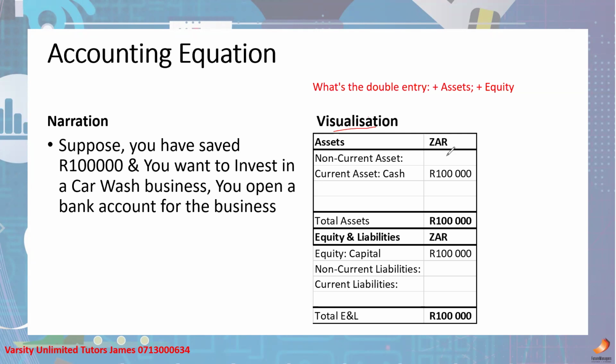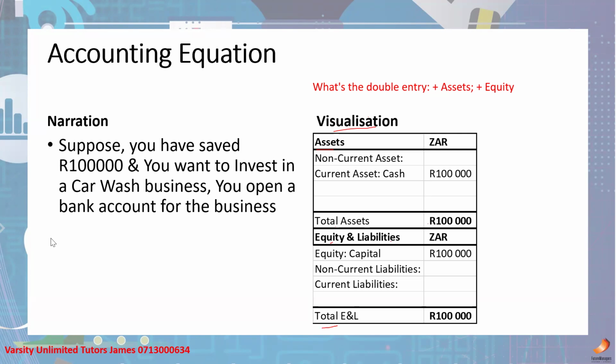The statement of financial position, also known as the balance sheet, is based on the accounting equation. Remember, we said assets is equal to equity and liabilities. Do you see on this diagram there are two things? There's assets on one side, total assets. Then there's equity and liabilities on the other side, total equity and liabilities. So this is a visual representation of what a balance sheet can look like. Of course, it's simple, but I just wanted to show you visually what we are talking about.